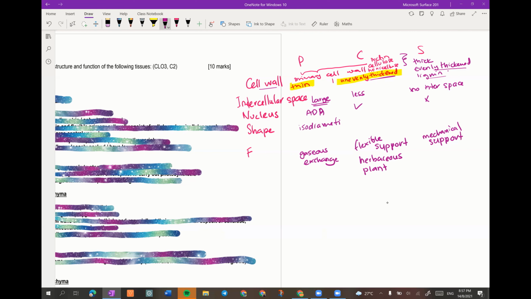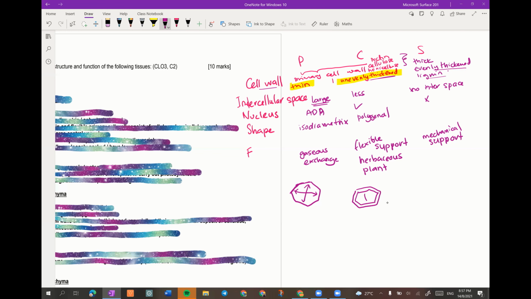Isodiametric ni bermaksud dia ada bentuk, let's say saya lukis macam ni, dia ada bentuk. Tapi, dia tak macam plant cell lah kan, yang sangat tak ada bentuk irregular tu. Dia ada bentuk sebab dia ada cell wall. Tapi, dia punya diameter tu, ini ke sini dengan ini ke sini, lebih kurang sama. That's why it is called as isodiametric. Right? While this one pula more to polygonal. Okay, mungkin dia boleh jadi macam ni.